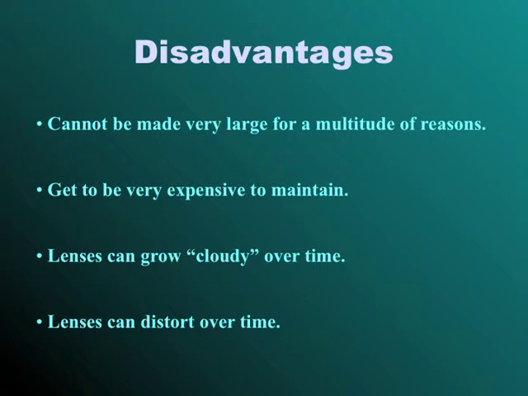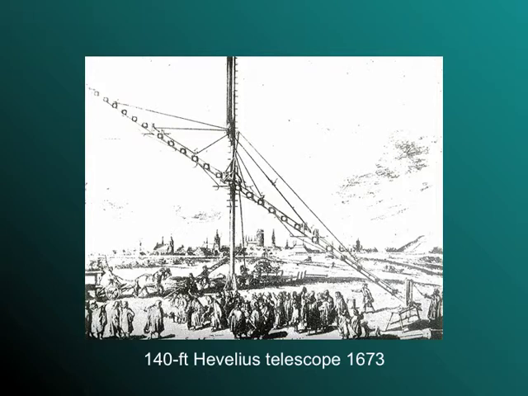Because lenses are made of glass, they tend to warp over time, just as you might have seen in an old building with real glass windows. So there are many disadvantages to a refracting telescope. Here is a huge 140-foot telescope which was built in 1673.